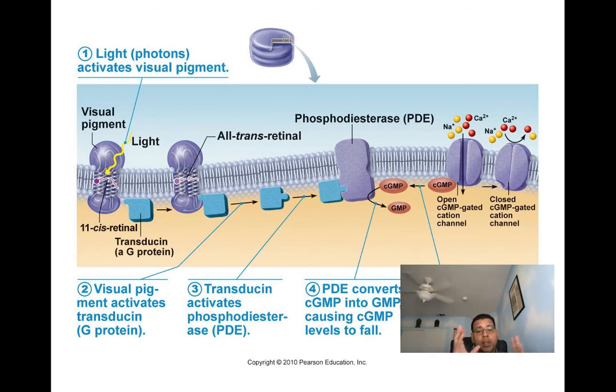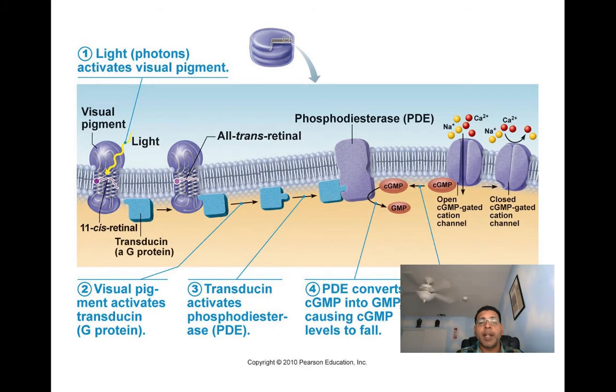We're moving from the dark to a very dimly lit area. Now in dim light, cyclic GMP breaks down, and when cyclic GMP breaks down, the cation channels are going to close, not allowing sodium and calcium to enter the cell.